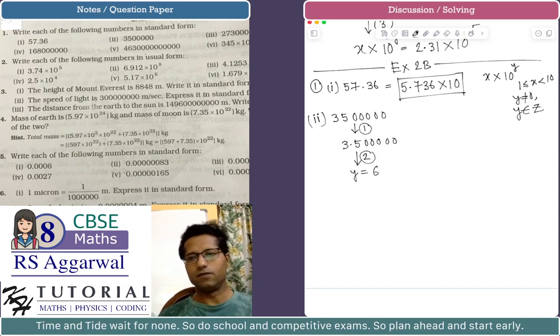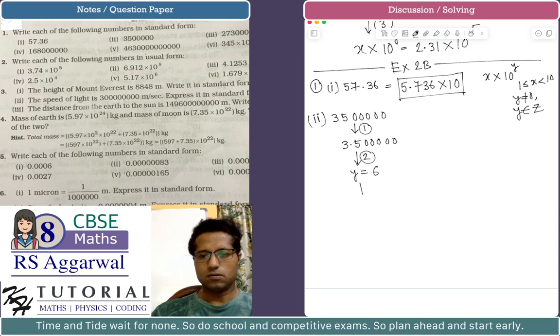We have to find y, the number of digits to the right of the decimal point. So we have the digit 5, and there are 5 more zeros, which makes y equal to 6. Now step 3, we have to find x.